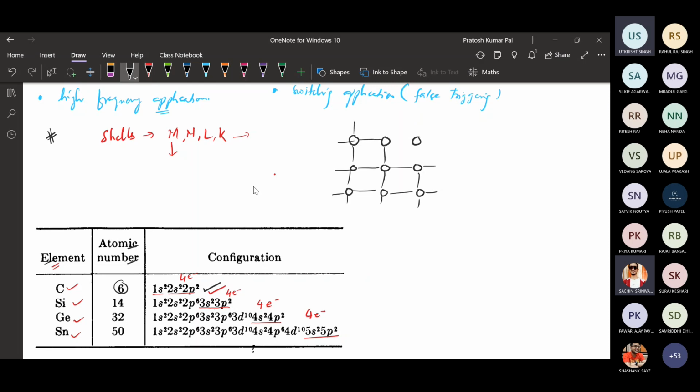We just want to analyze what will be the effect of the distance. The distance between these atoms is, suppose, d. If we vary this distance d, that is called the interatomic distance.